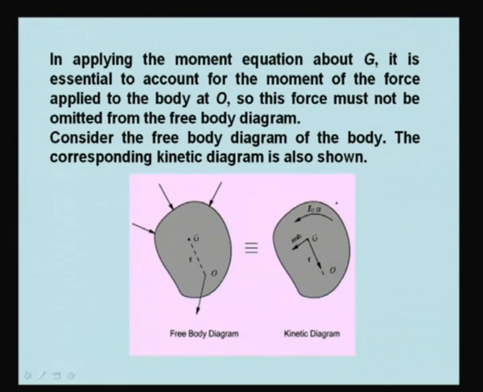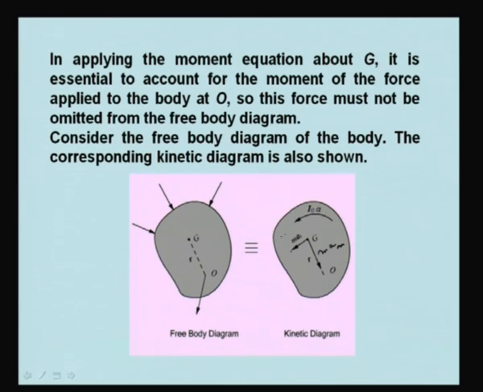So this is I_G times alpha. We show I_G alpha, and then we show here mass times the tangential acceleration passing through G and mass times the normal acceleration. This is basically M A_N. So in the kinetic diagram we will be showing these things, M A_T, M A_N and I_G alpha. So this is a kinetic diagram.